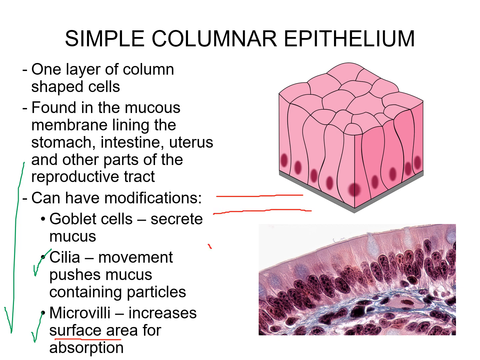We had tube 1, and then we had tube 2 that looked like this with a lot of folds and indentations. And we said that the second one is a lot better. It makes more sense to have that because even though it's fitting in the same space, there's a lot more room. So there's a lot more room for absorption. And you're going to see that a lot in the intestines and kidneys, a lot of this microvilli.